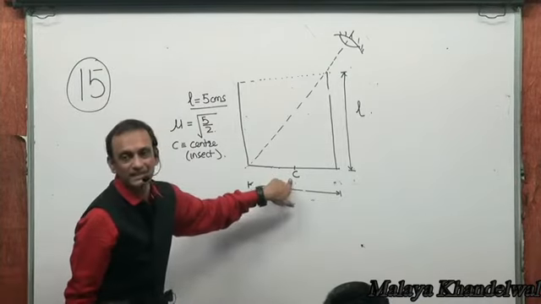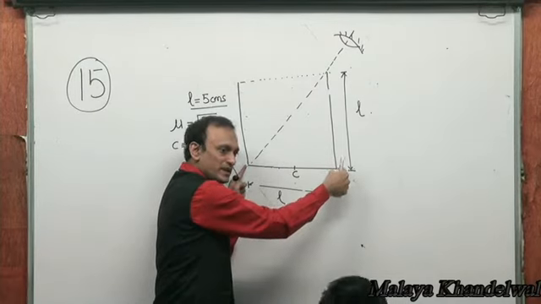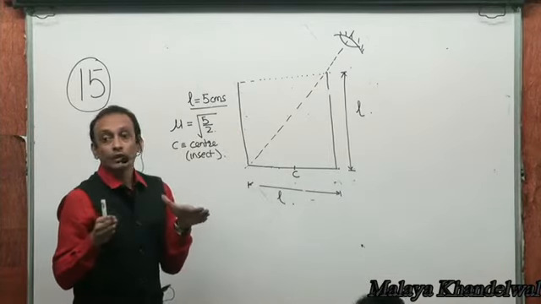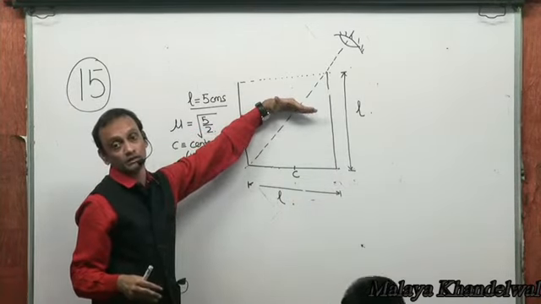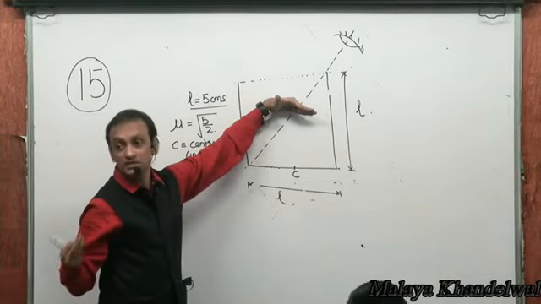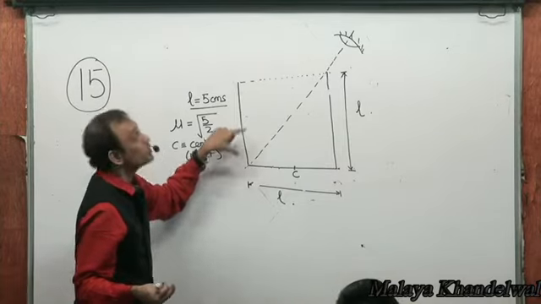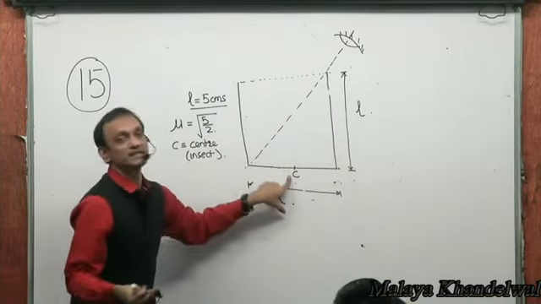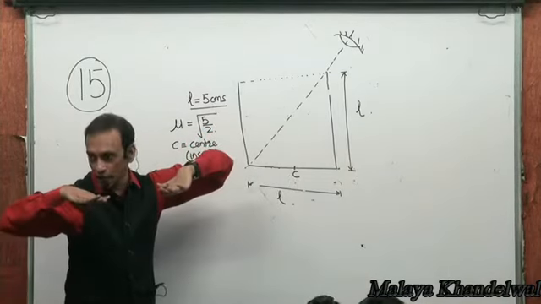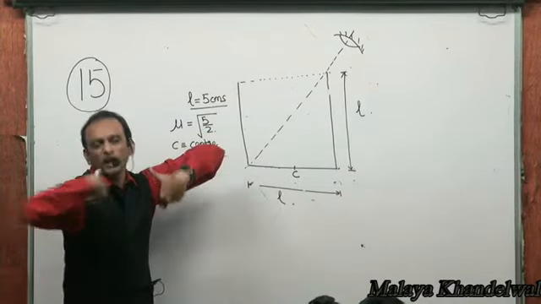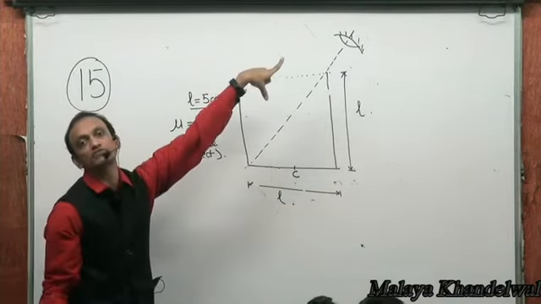There is an insect at C, the mid of the base. Now we want to fill this tank up to a certain height with a transparent liquid of refractive index mu equal to root 5 by 2, so that the insect at C is visible to the eye.